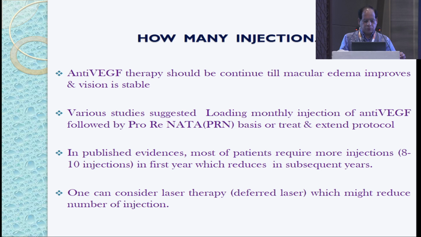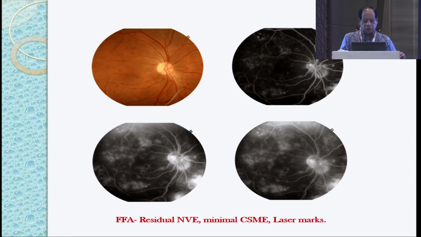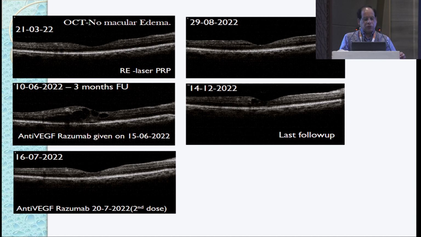One patient, a 53-year-old female, poorly controlled diabetic, also underwent PRP. Her vision was 6/12 in one eye and she had grade 1 nuclear sclerosis. The angiogram shows residual NVE, minimal CSME, laser, and there was a laser mass. OCT was showing no macular edema, so we did complete the PRP.